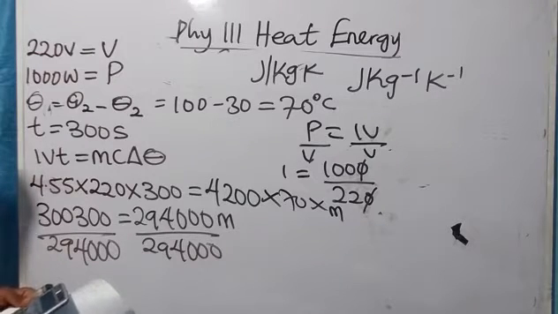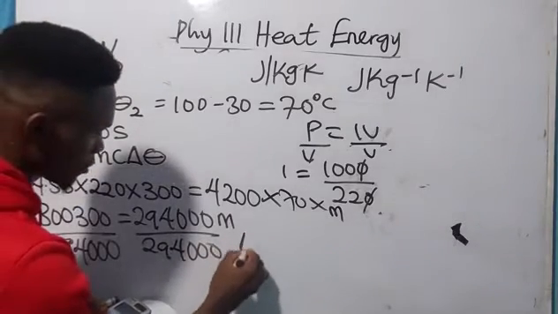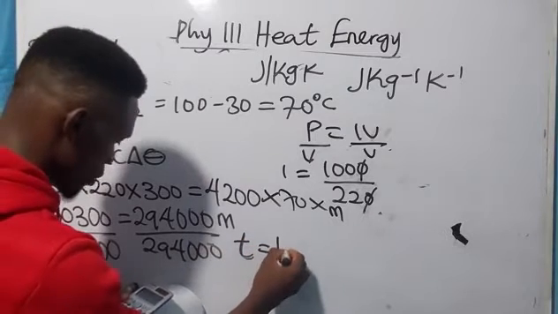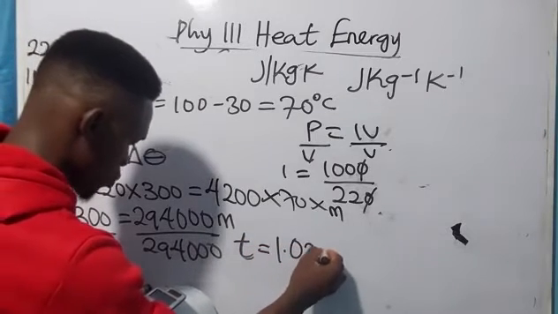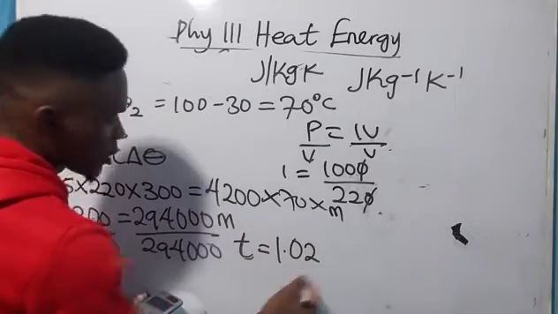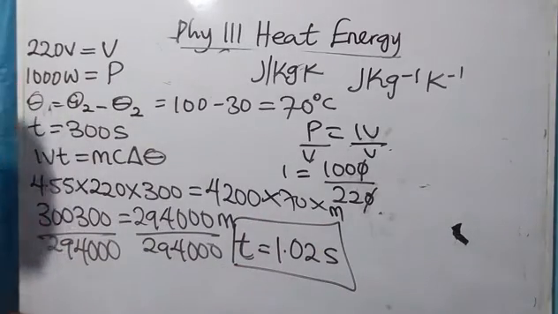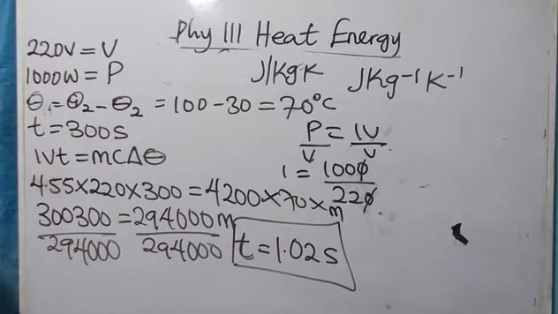So 300 divided by 294,000 gives me 1 point, which means that time is equals 1.0202. Let me just make it 1.02 to two decimal places, 1.02 seconds. That is how it is.